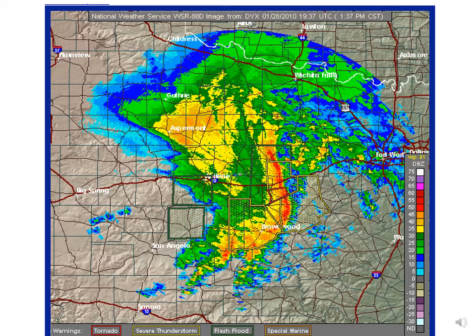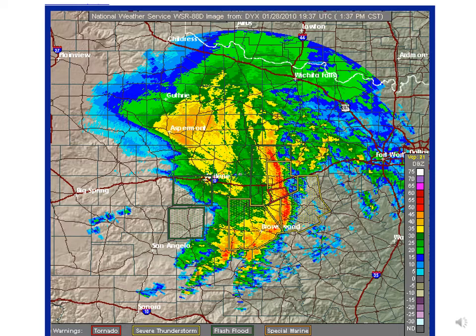And of course, the reds on this one have a very large return signal, which means that since the reflectivity factor is a function of diameter to the 6th power, then this is an indicator of large droplets, and large droplets are an indicator of large rainfall rates. And then, of course, it goes from the reds to the oranges to the yellows to the greens and to the blues.